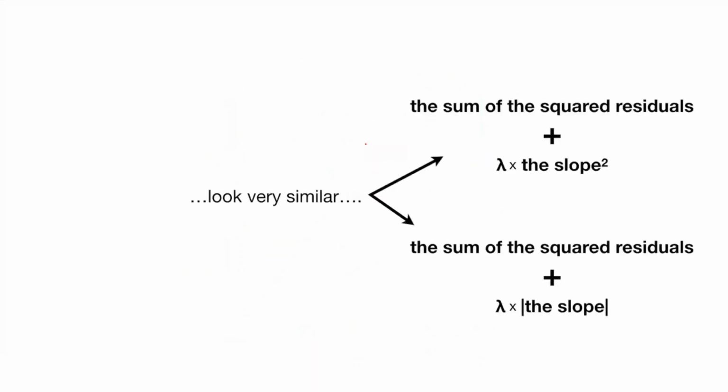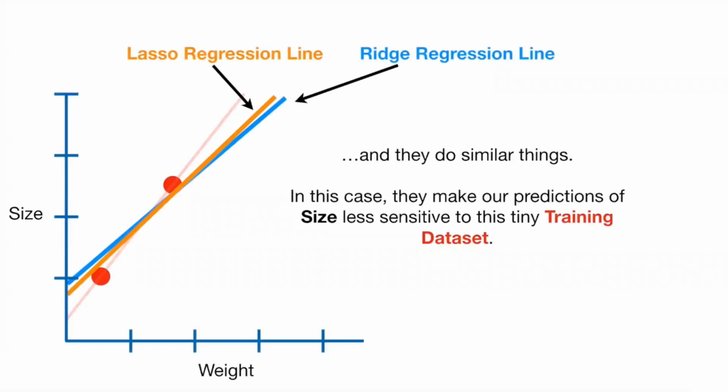for lasso as well. Now, these two remain very similar, the ridge regression and the lasso regression. Lambda into slope square and lambda into the absolute value of slope. Then what is the difference? They basically do the same thing.